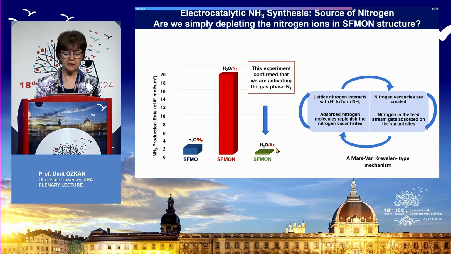So by replacing with argon, the ammonia synthesis rate really went down, so we're clearly activating nitrogen from the gas phase. So what's happening here is lattice nitrogen is being used and creating nitrogen vacancies, and then the nitrogen in the gas phase is filling the vacancies, and the cycle is completing. And this is really a Mars-van Krevelen type mechanism. That's what we are suspecting.